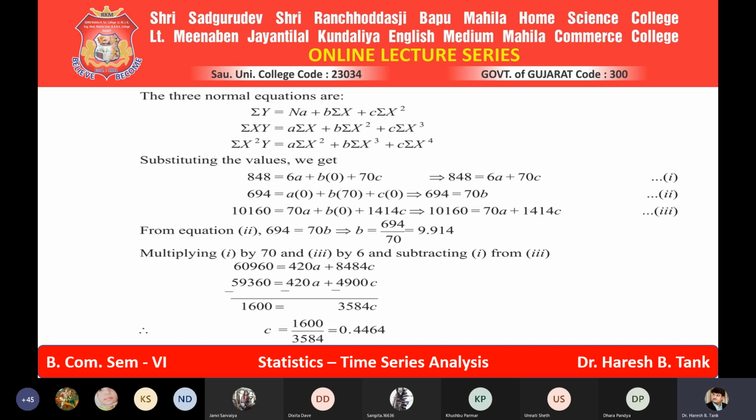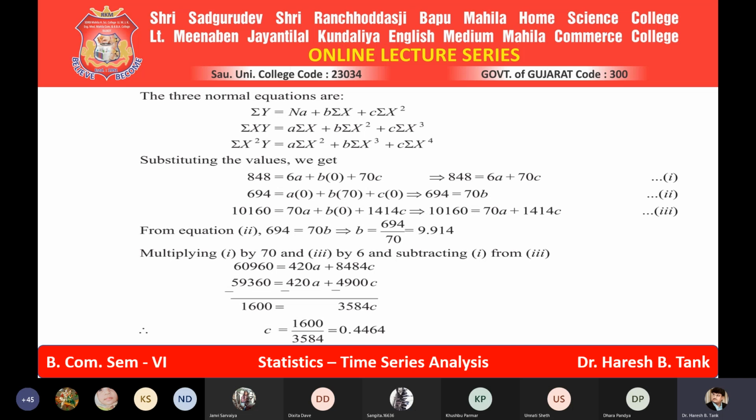Now from these three equations, you will be able to know which columns are further required. Summation of y, you have it. Summation of x, you have it. Summation of x squared is required. Whatever summation is required, that column is required for sure. So the columns should be x squared, x cubed, x raised to 4, xy, and x squared y.